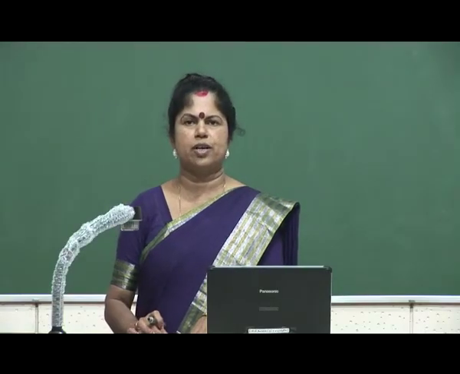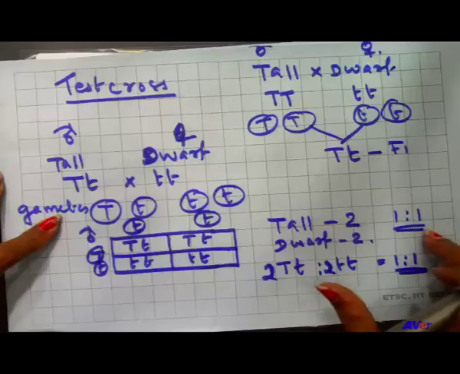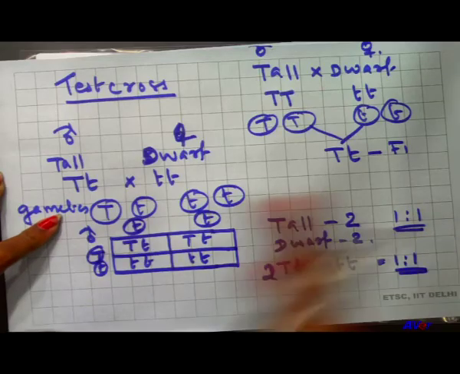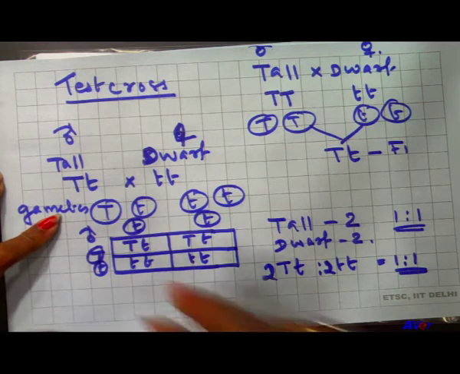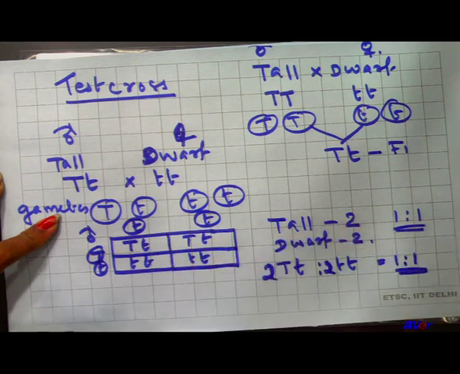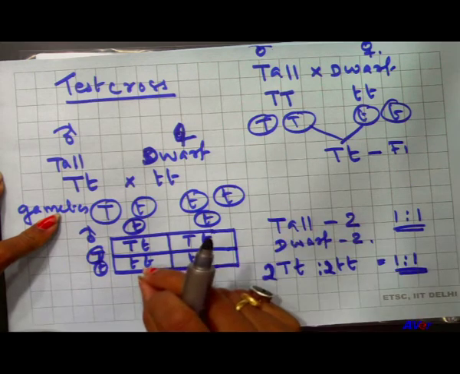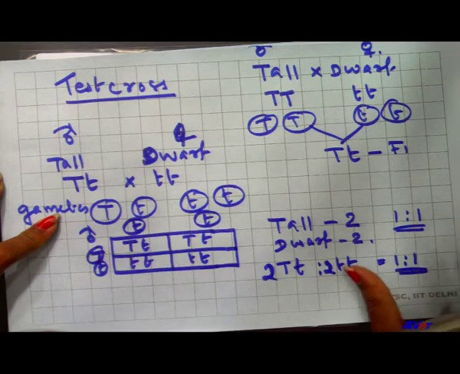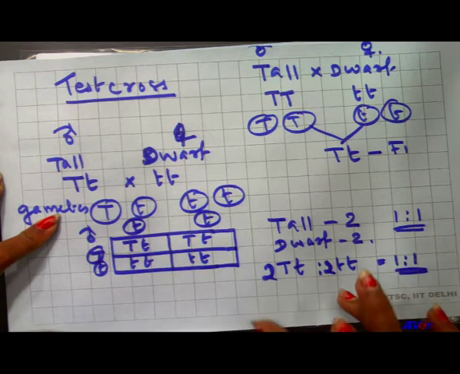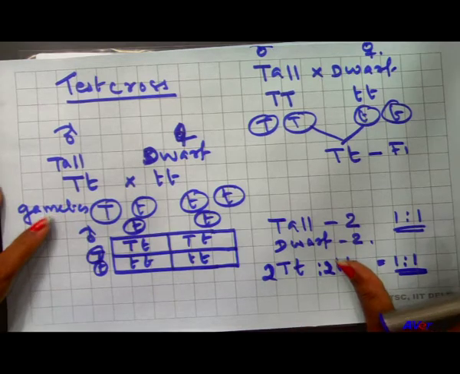For a monohybrid cross, the test cross ratio will be 1:1. So three ratios are here in the monohybrid cross: the phenotypic ratio is 3:1, the genotypic ratio is 1:2:1, and the test cross ratio is 1:1. Memorize.